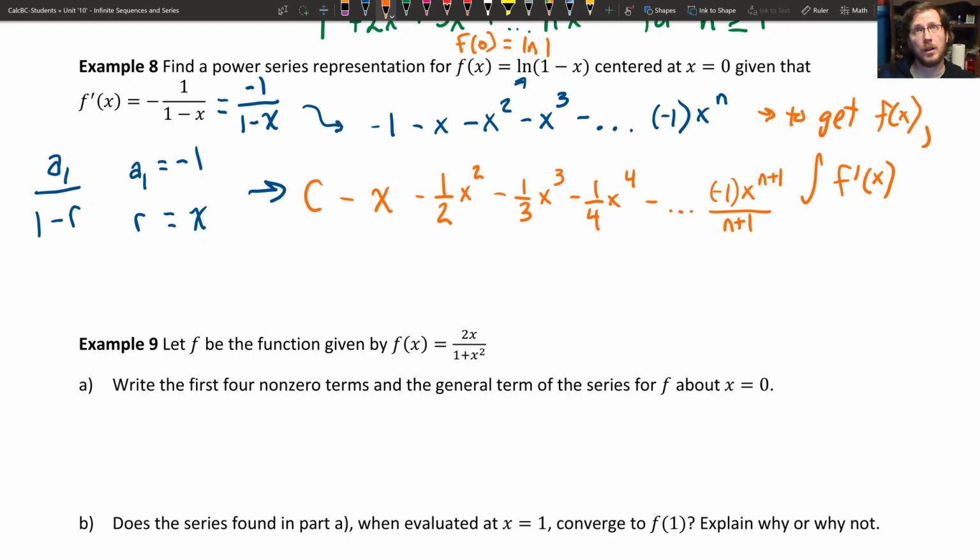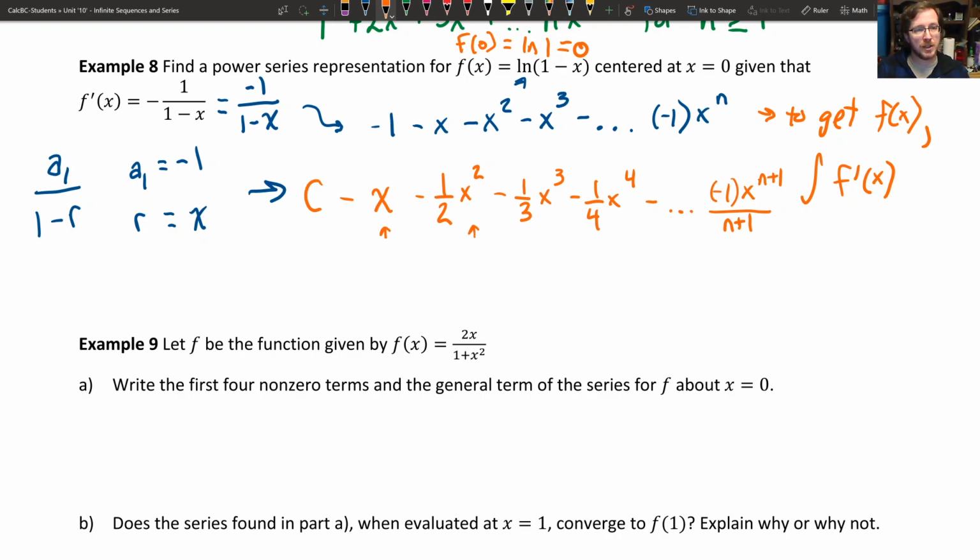The natural log of 1, e to what power gives you 1, is just 0. So we know that our function has got to be 0 if we plug in 0. If we plug 0 into each of the x's in our new power series, all we're left with is our constant. So our constant has to equal that value right there, 0.